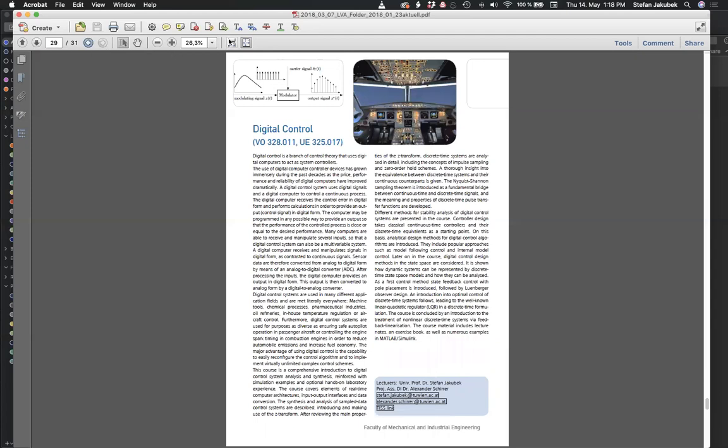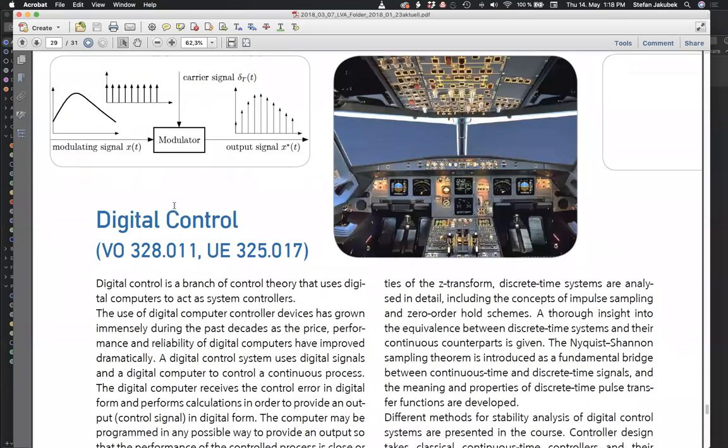And then, of course, this is another lecture, which is parallel digital control. Thus far, everything that you've heard in our lectures was continuous. So we had differential equations, we had continuous control signals, and obviously in our modern world, everything is done by computers, which you see here in this aircraft cockpit. And in computers, everything is done in discrete times.